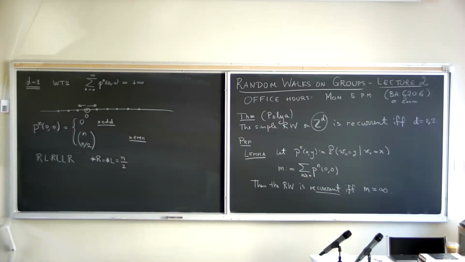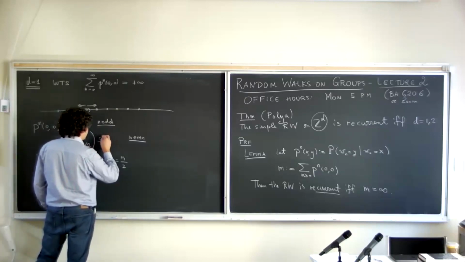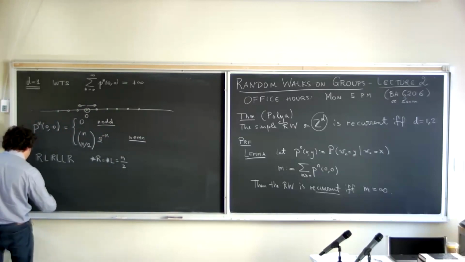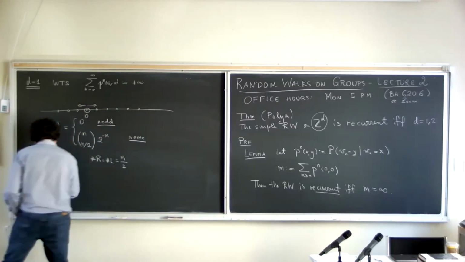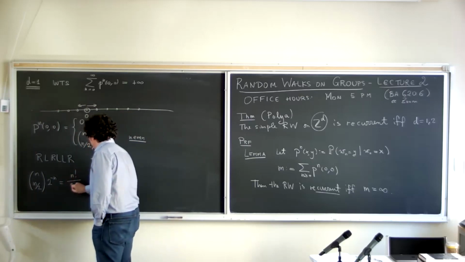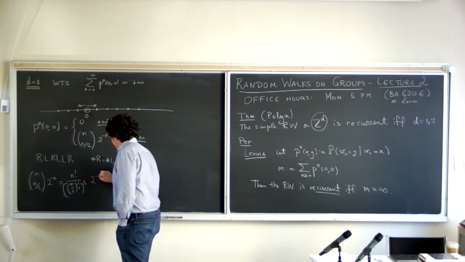And then, well, this is the number of possible configurations, because you have to choose n/2 out of the n. And then the denominator is 2 to the minus n. And now we just need to play a little bit with this and estimate this binomial coefficient, which you know is n factorial divided by n/2 factorial squared, times 2 to the minus n.